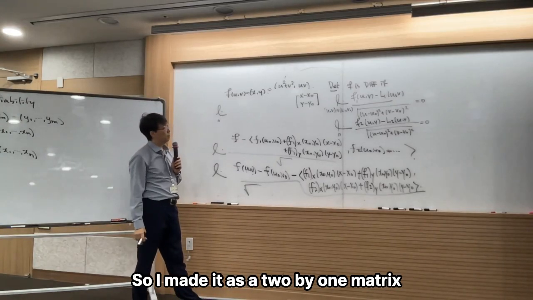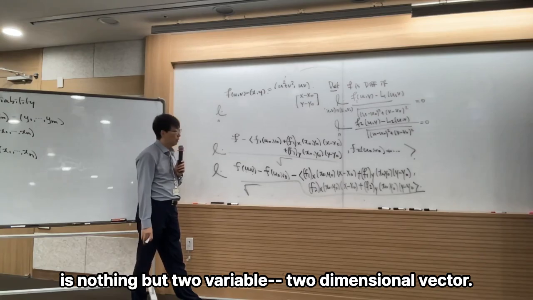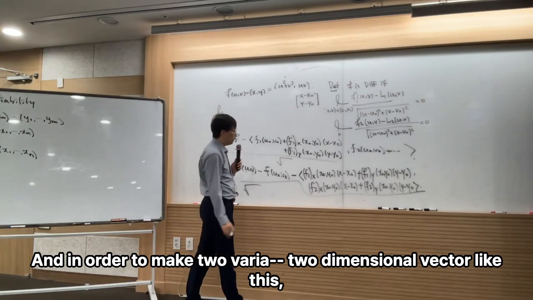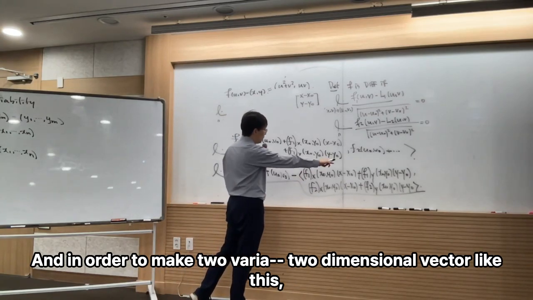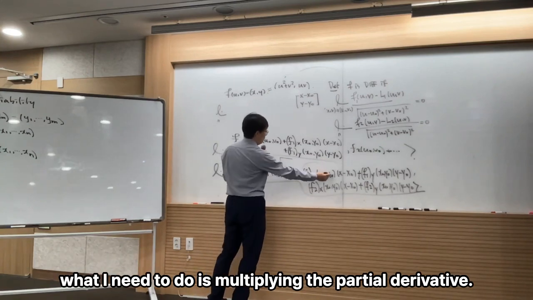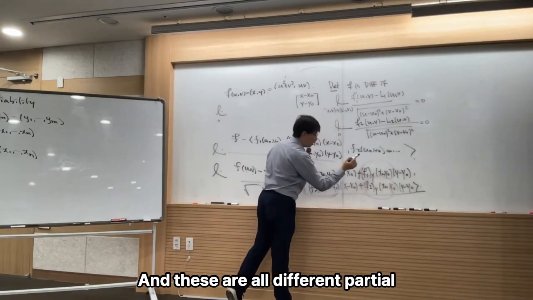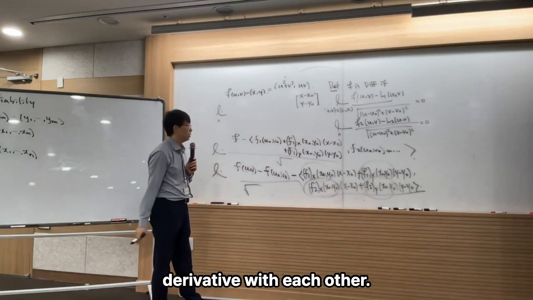So I made it as a 2 by 1 matrix, because a 2 by 1 matrix is nothing but a two-dimensional vector. And in order to make a two-dimensional vector like this, what I need to do is multiply the partial derivatives. There are 4 different partial derivatives, and these are all different from each other.